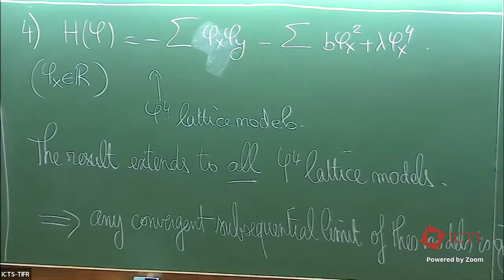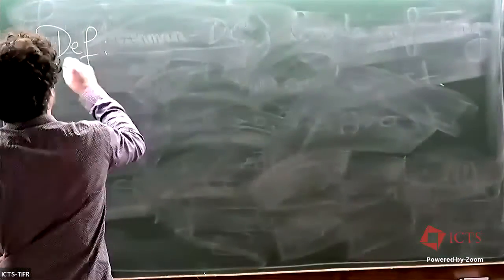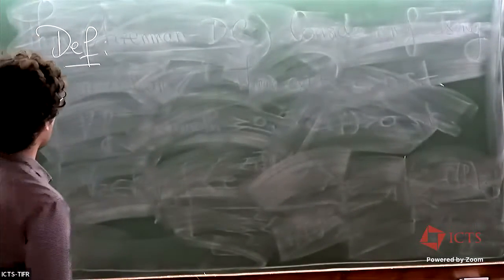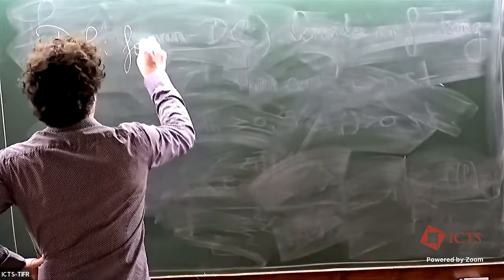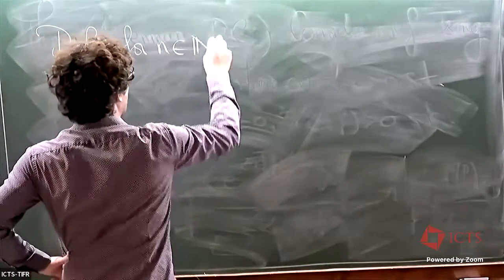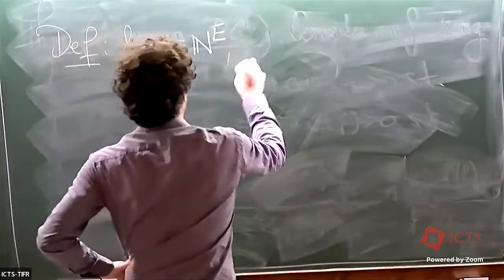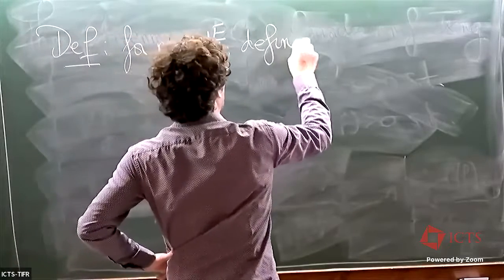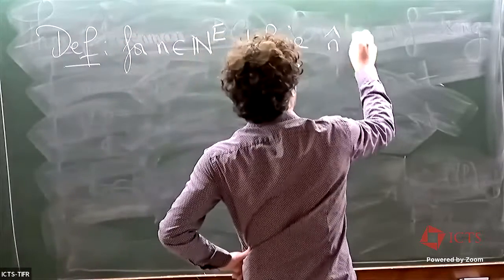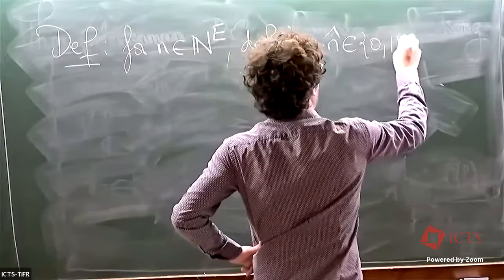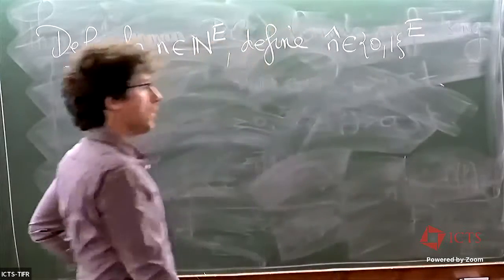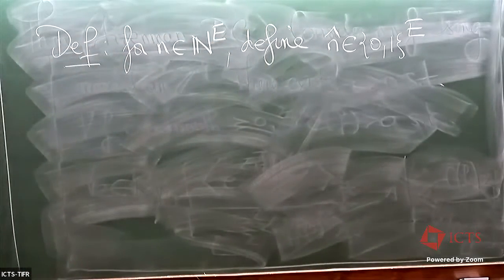So let's make a definition. For a current, I'm going to define an element n hat, which will be a function from the edges into {0, 1}.